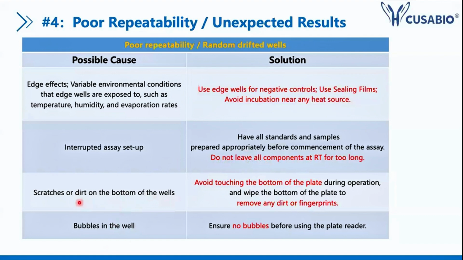So scratches or dirt on the bottom of the plate or wells, and bubbles, all these factors will block or scatter the light. This will lead to inaccurate measurement. So when you do the pipetting, do not touch the bottom of the plate. And when you see dirt or a fingerprint, quickly wipe the bottom of the plate to get rid of it.